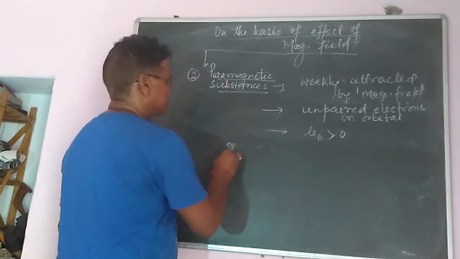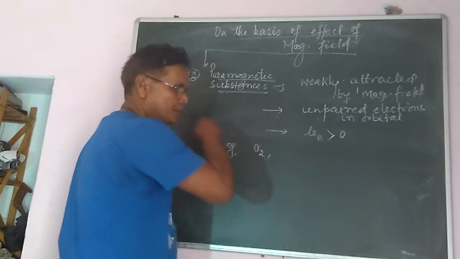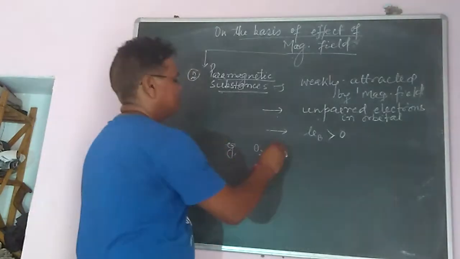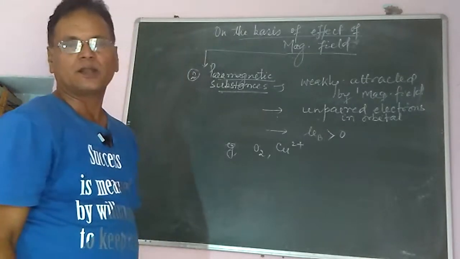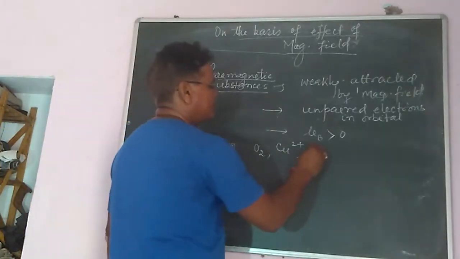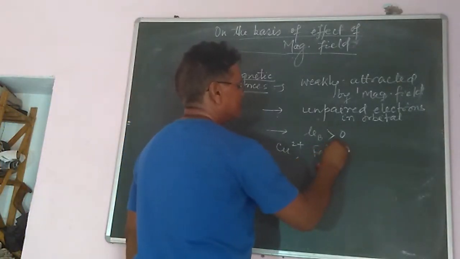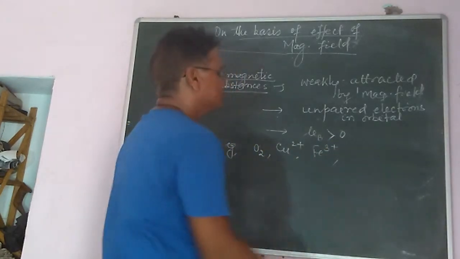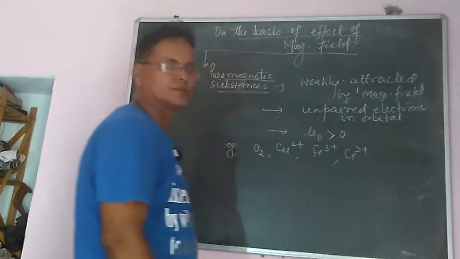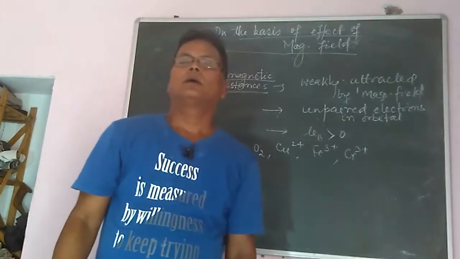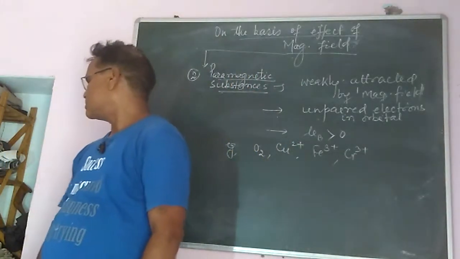As examples, suppose oxygen, copper, Cu2+. See here, there is one unpaired electron. Fe3+ has 5 unpaired electrons. Chromium 3+ is also a paramagnetic substance.